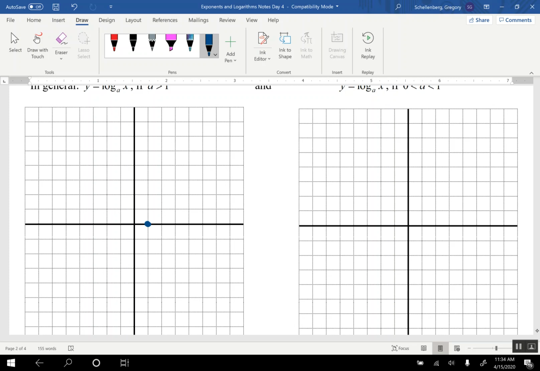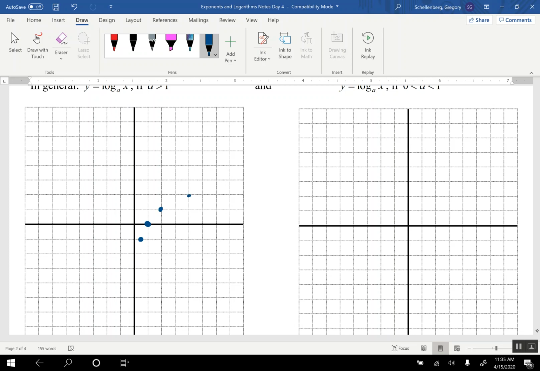So in this case, our y-coordinate is 0, our x-coordinate is 1. And let's just use log base 2 of x, the example that we just did. So if our y-coordinate is, say, -1, then our x-coordinate is going to be 1/2. If our y-coordinate was 1, our x-coordinate is 2.